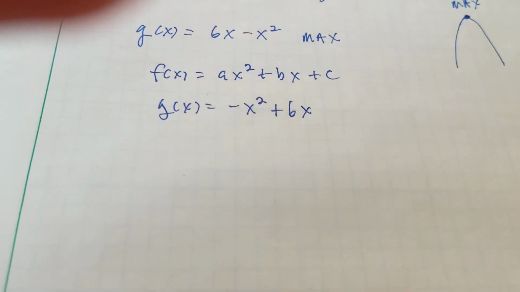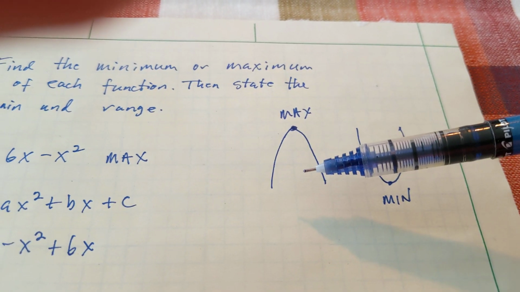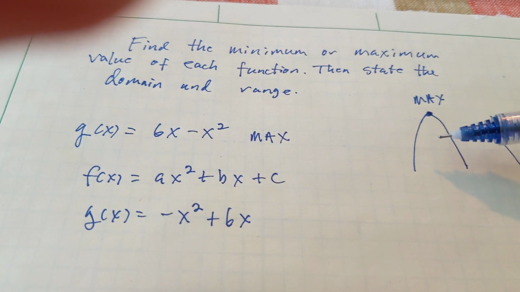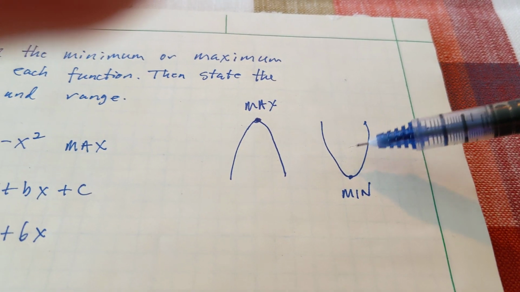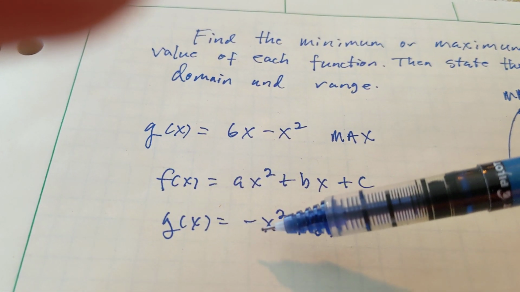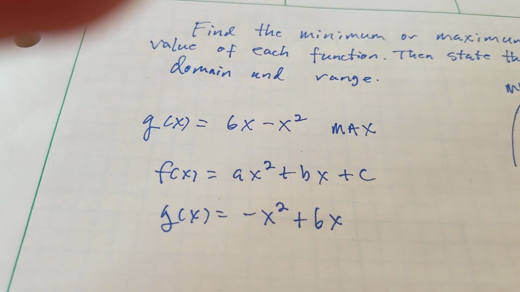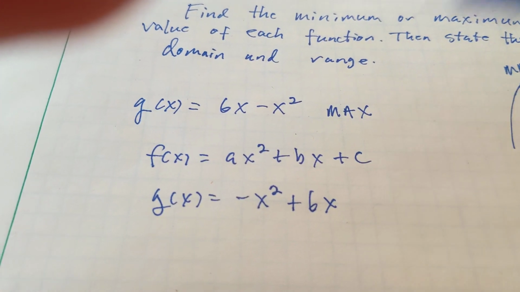By rearranging it like that, notice the a term is negative. That's what tells me that it's opening downward, so this is going to have a max. If the a term were positive, it would be opening upward, like this one. But in this problem, a is negative 1, the term in front of x squared, and b is 6.